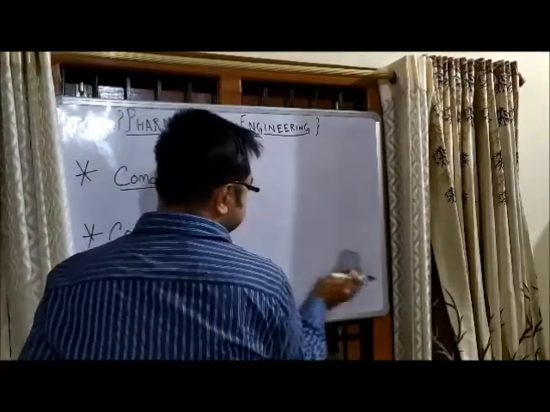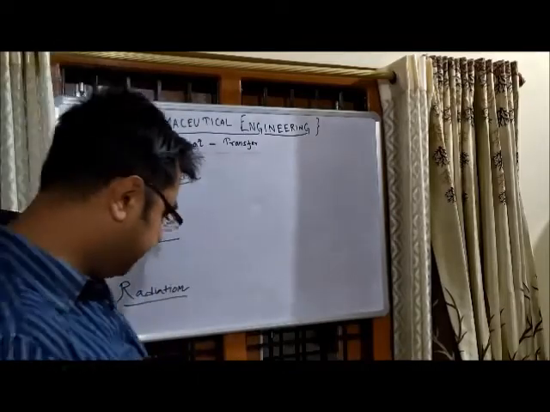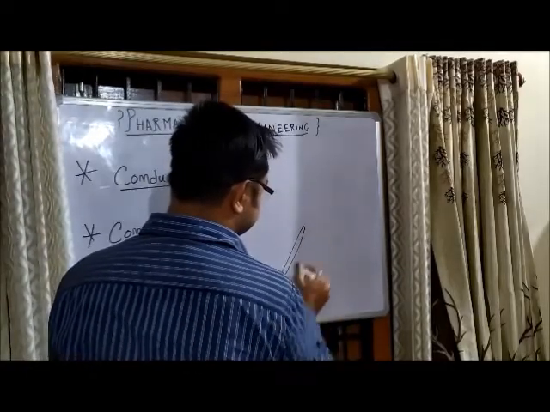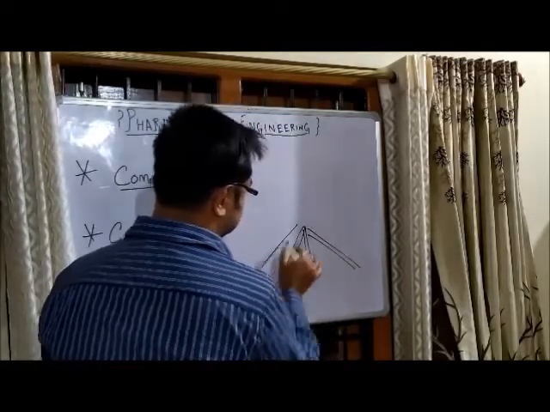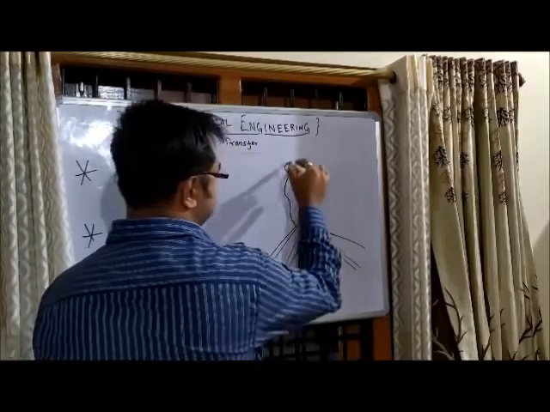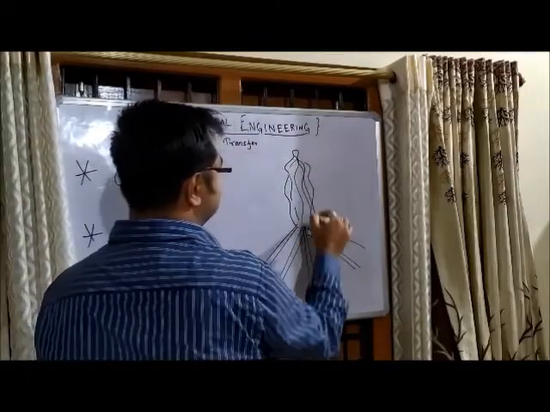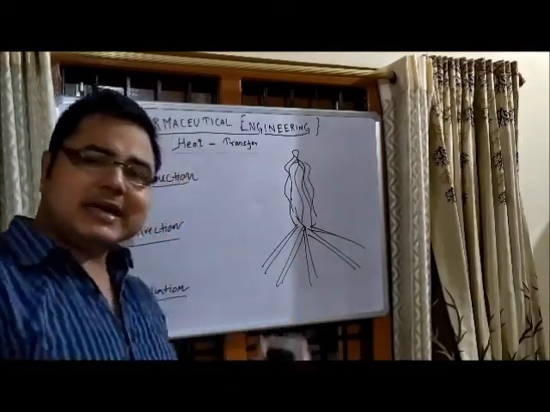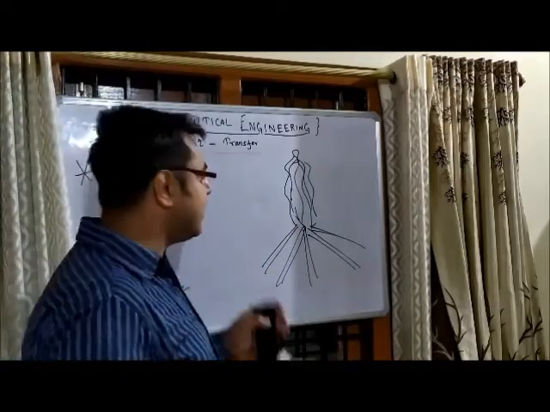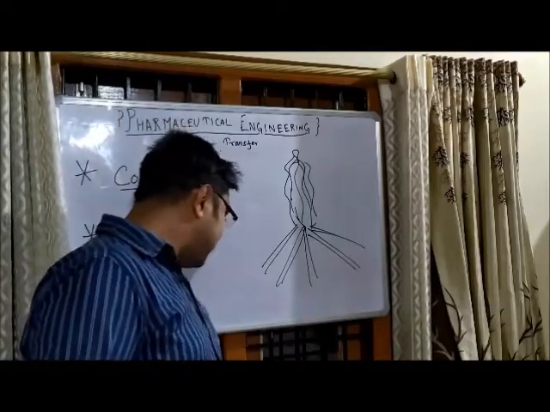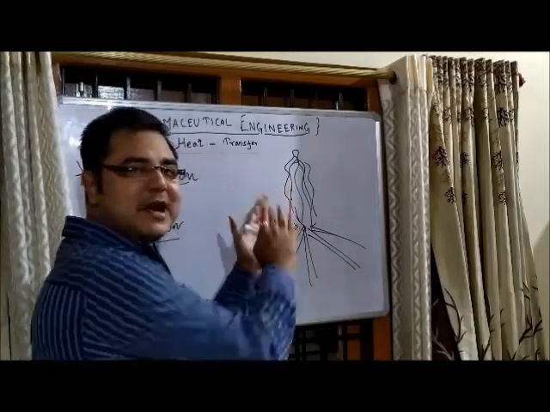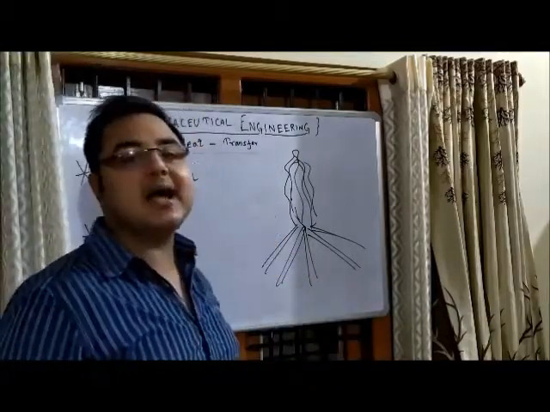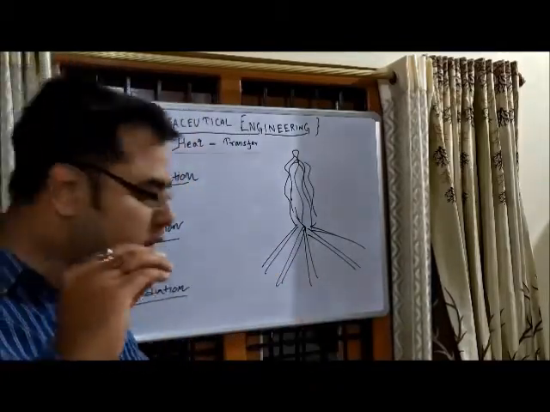The next part is convection. What is convection? Let me give you an example. Most of you have enjoyed a bonfire. During winter, when we enjoy the bonfire, we keep our hand just behind the fire to get the warmth, so that our hand gets heated. This is convection.